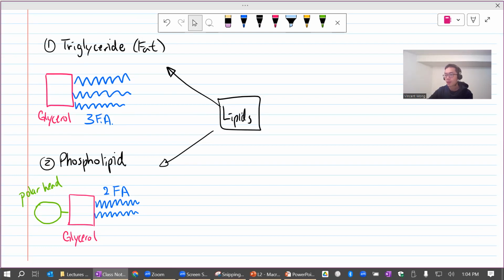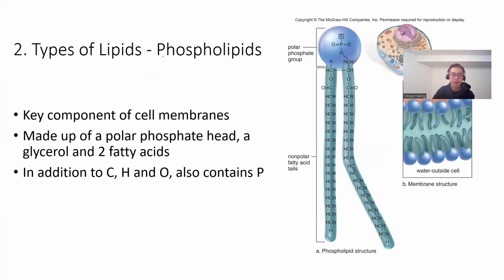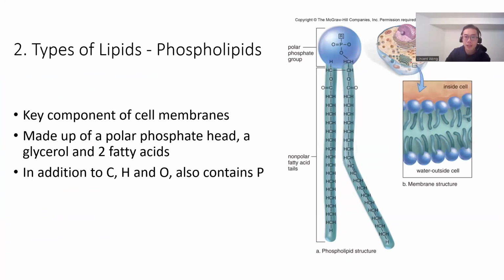Let's go back to the PowerPoint slides. So the second type of lipid, the phospholipid. You can see the 2 tails are here. It's harder to see, but that's where the glycerol is.